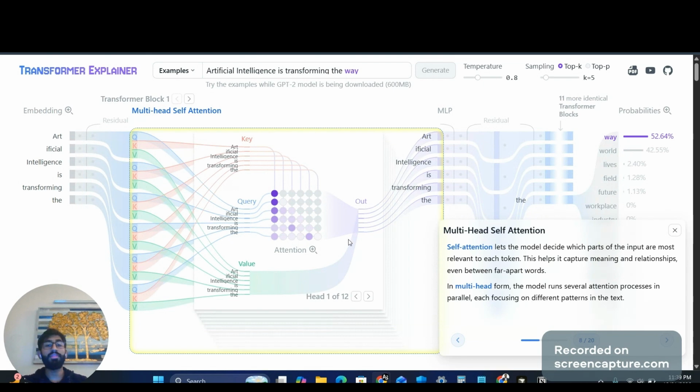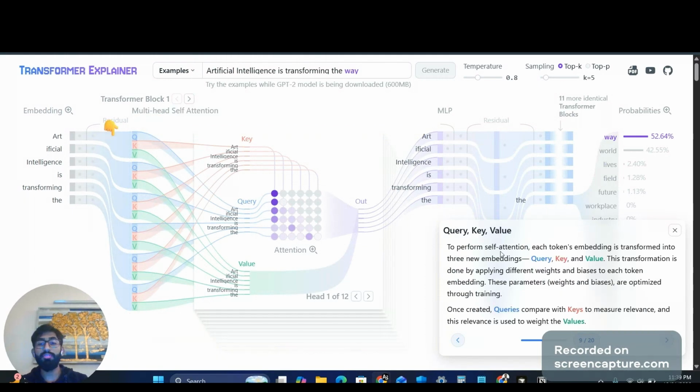So basically, this block decides which parts of the input text or token IDs are most relevant to each other, so it captures that meaning even if they are far apart. And this happens in parallel, on different patterns of the text.